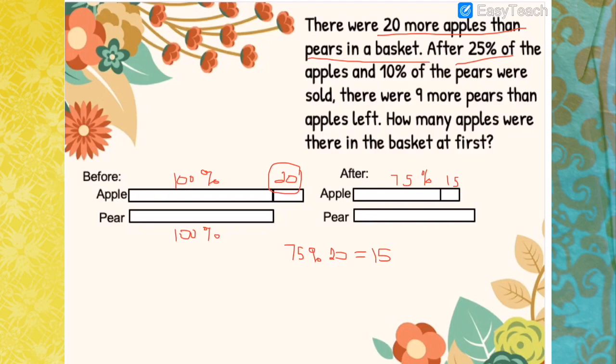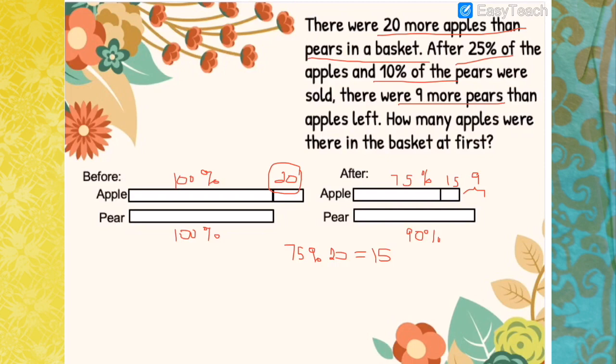And 10% of the pears were sold. Therefore, we are left with 90%. However, it says in the question that 9 more pears than apples were left. Therefore, there is a remaining part here, which is 9.